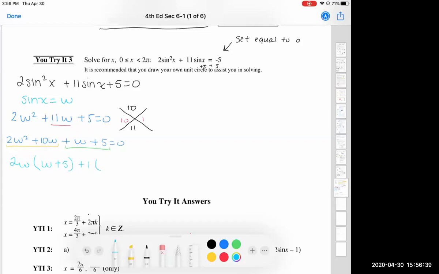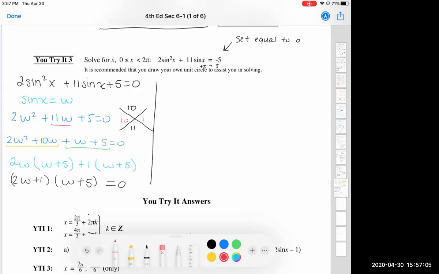I can factor 1, which doesn't change anything. It just helps me keep track of our factoring. So my answer for factoring, I'm left with 2w plus 1 and w plus 5 is equal to 0. All right, now I can set each one separately equal to 0.